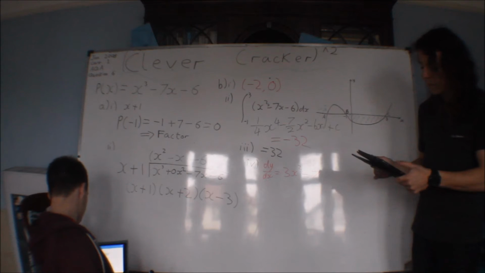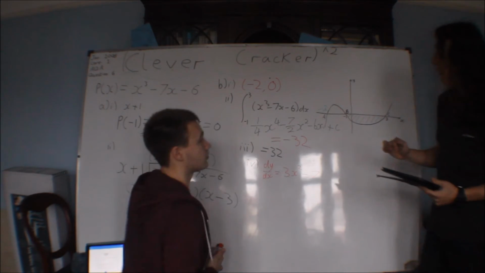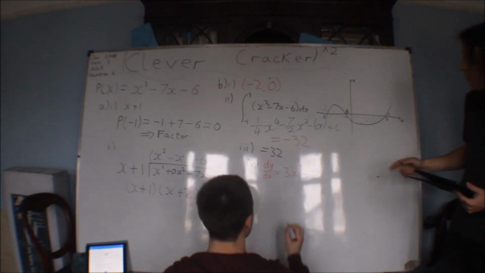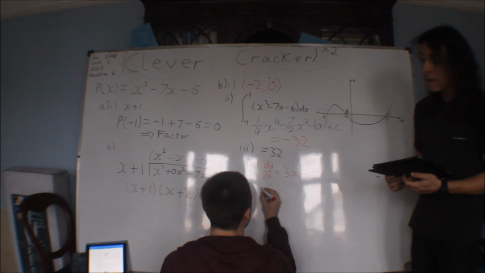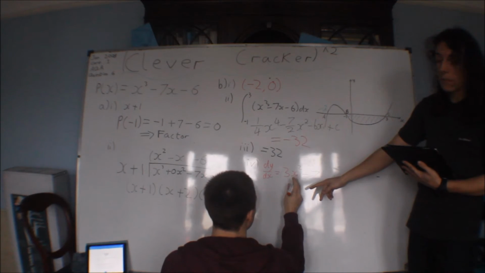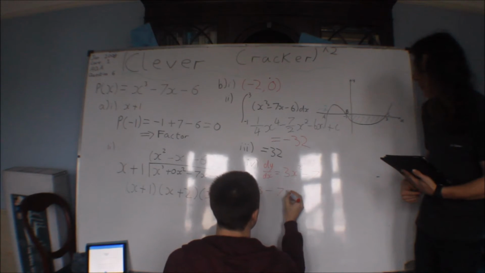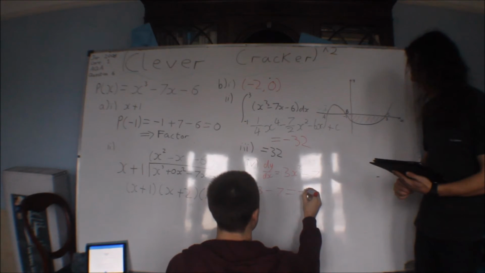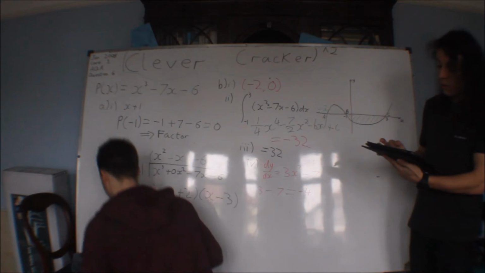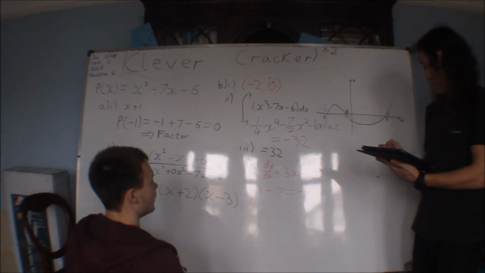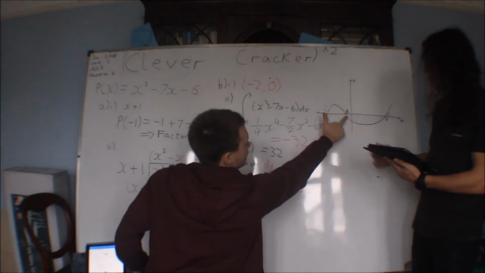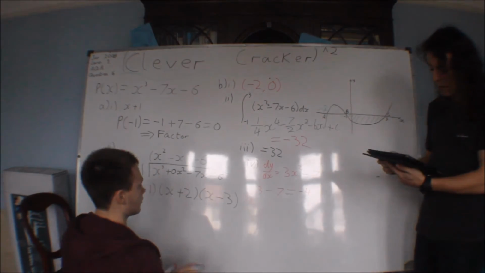It says you've got to do it at the point B. We know point B is minus 1, 0, so we put our minus 1 in place of x, so it becomes 3 minus 7, which is minus 4. That will be our gradient at point B, which looks about right because you can see it's decreasing.